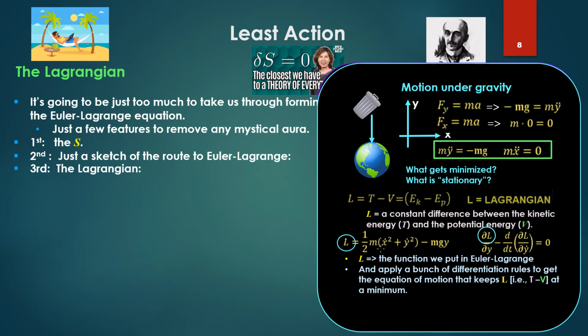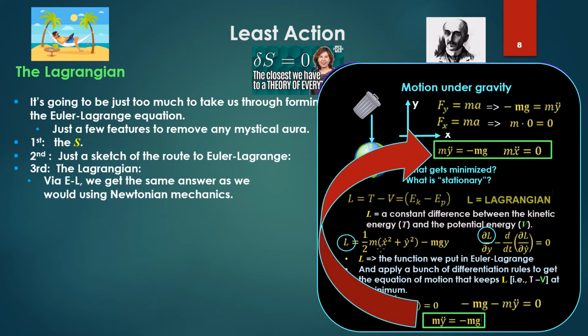Lagrangian is that which nature tends to minimize, attempts to minimize. And when we do that operation, applying all the differentiation rules, out comes, voila, that is, via Euler Lagrange, we get the same answer as we would using Newtonian mechanics. So we can derive the Newtonian equations of motion via the path description, shall we say, of Euler Lagrange.